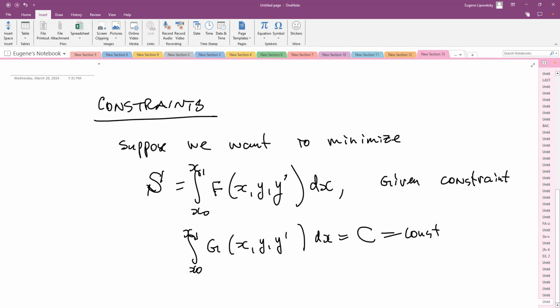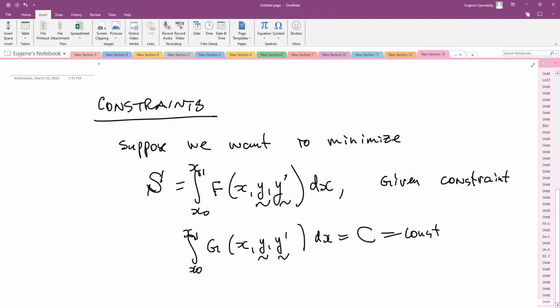And you know what? Let's make this a column vector, and this is all column vector.